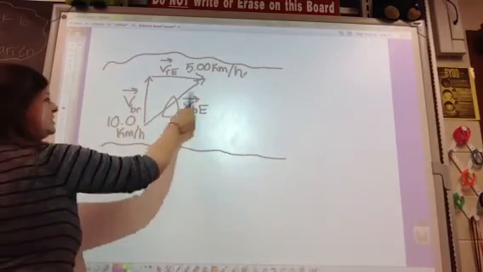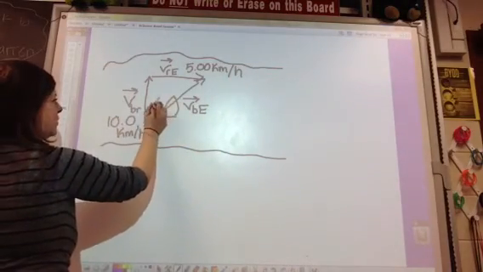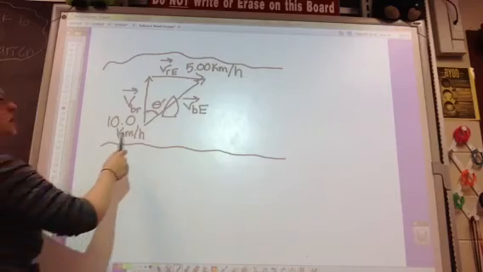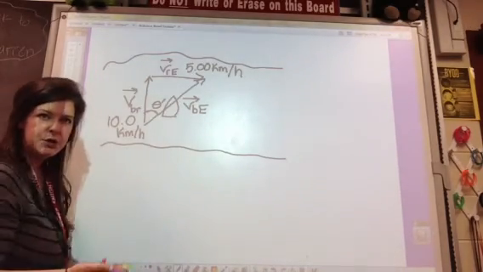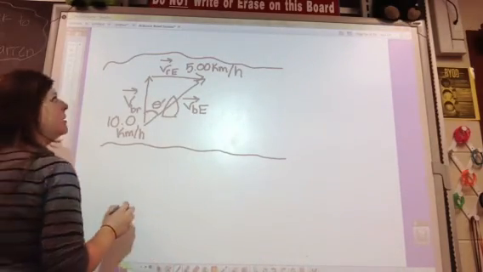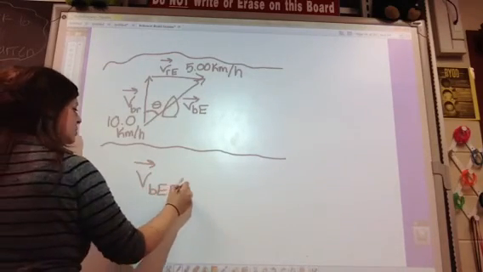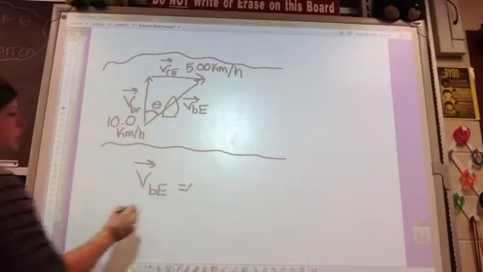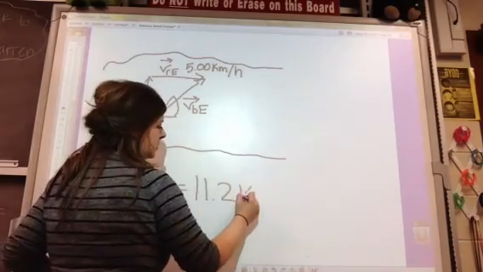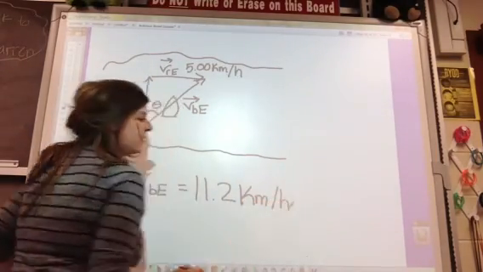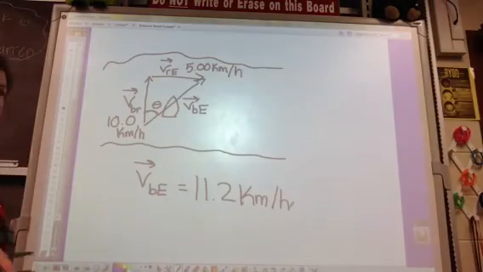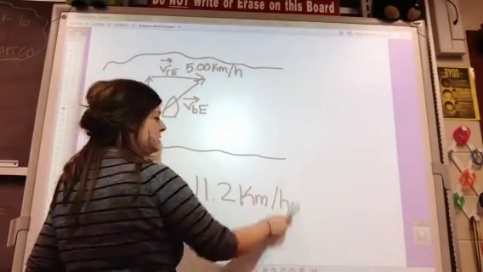So my goal is to just find this, and of course this is at some angle which we can just call theta. To find my hypotenuse, I could just use the Pythagorean theorem. I would find then that the velocity of the boat relative to the Earth should equal 11.2 kilometers per hour. If I asked you to find that in meters per second, you should be able to convert that to meters per second.